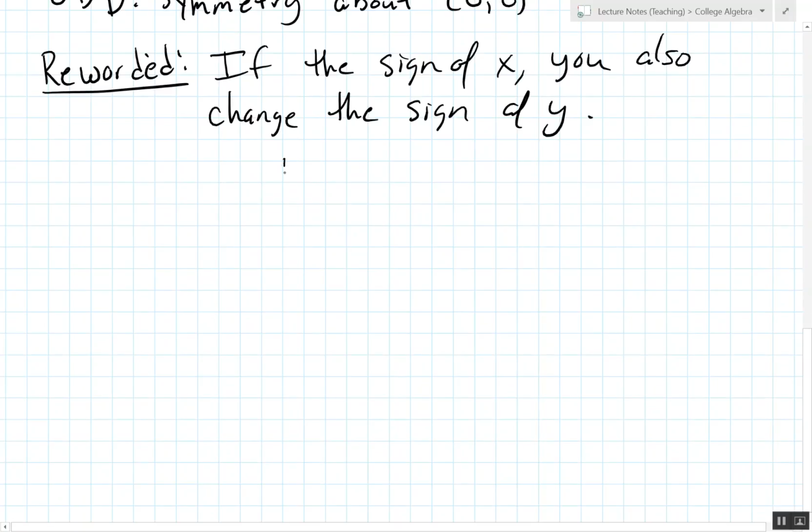So let's look at an example of what an odd function may look like. I'm just going to draw something random on the right hand side here. I'm just going to pick some random points and connect the dots.